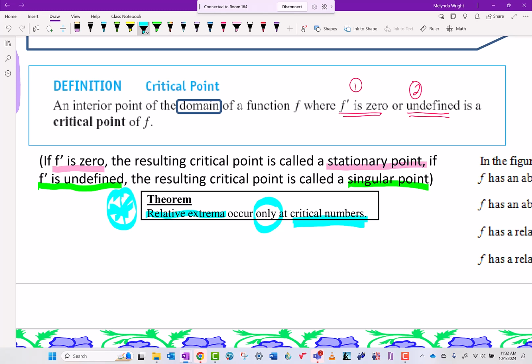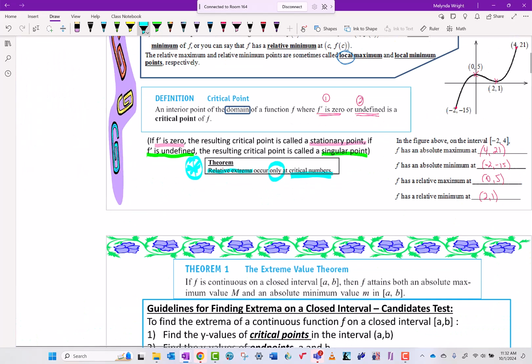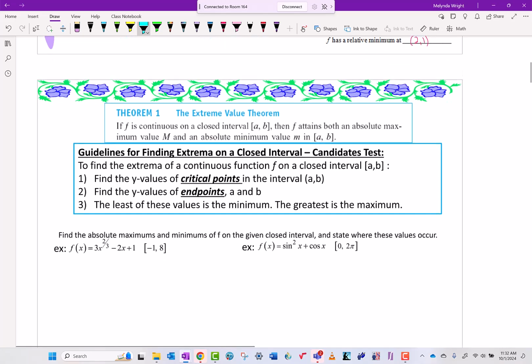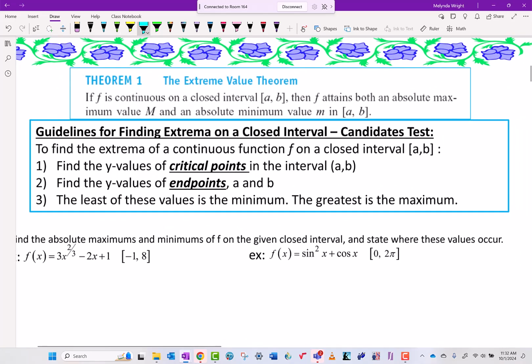Okay. We doing okay? All right, so now let's get to our main focus today, which is absolute extrema, absolute maxes and mins, and we have a theorem for that. It's called the extreme value theorem. It tells us if f is continuous on a closed interval, okay, so two things have to happen. Number one, it has to be continuous, and number two, it has to be a closed interval.